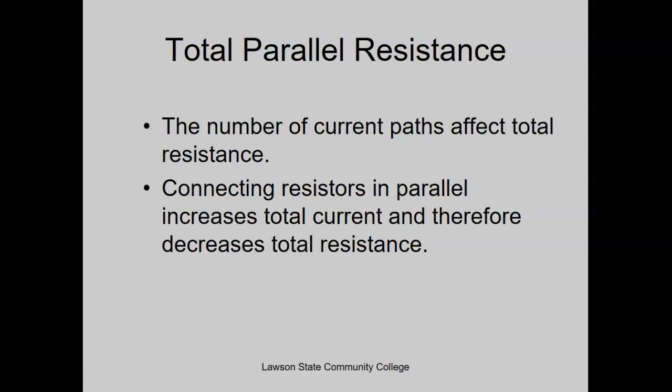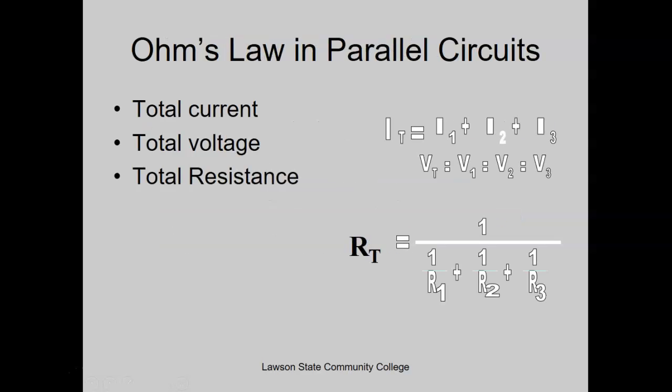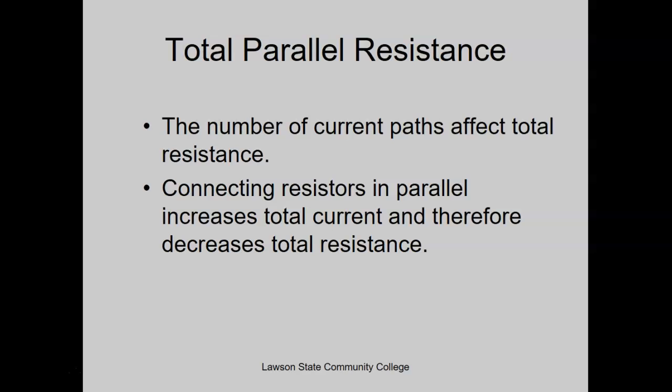Ooh, but at that point, it's too late. So connecting resistors in parallel increases that total current and therefore decreases total resistance. The less resistance you have, the more current you have. The more current you have, the more heat you have. The more current and heat that you have. Everybody see how it starts running away?